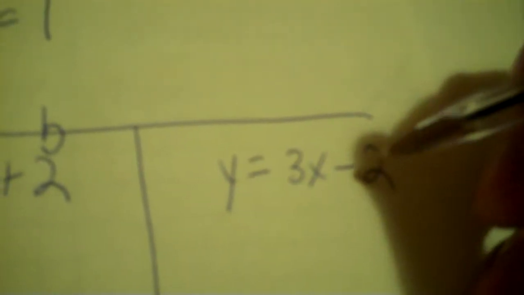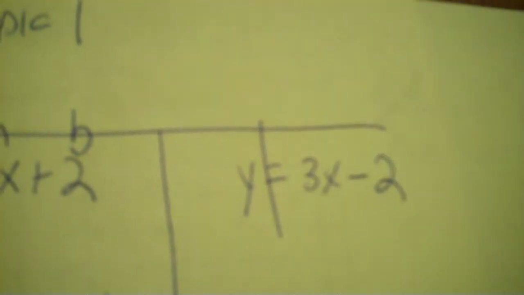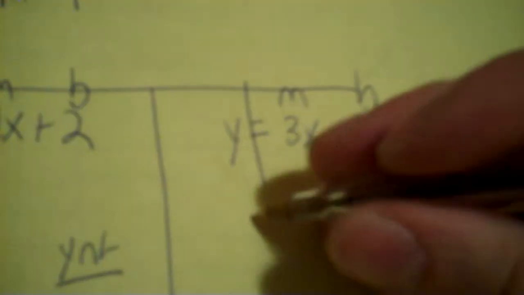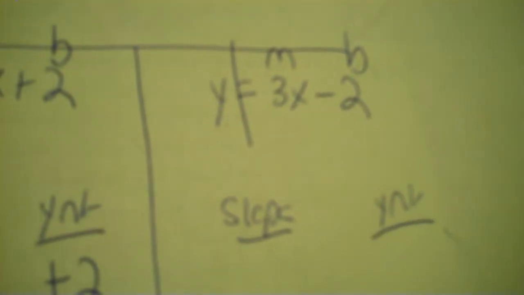Now look in the other equation. Do you have y and x? Yes, you do. So you make a wall on the y side. You go m and b as long as the y is by itself. Slope, y-intercept. So the slope is 3. Put a 1 under it, and minus 2 is your y-intercept.